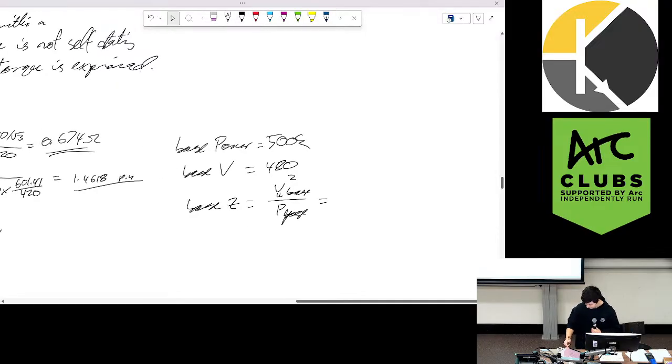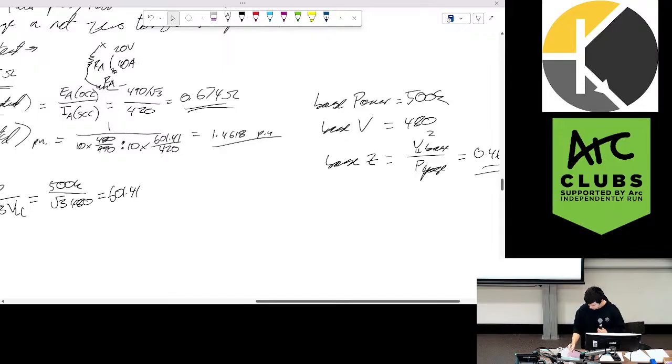All right, perfect. Let's jump on the calculator, and we're going to get a number that might be close to 1 or 2. So 480 squared divided by 500k is 0.4808 ohms. Fantastic.